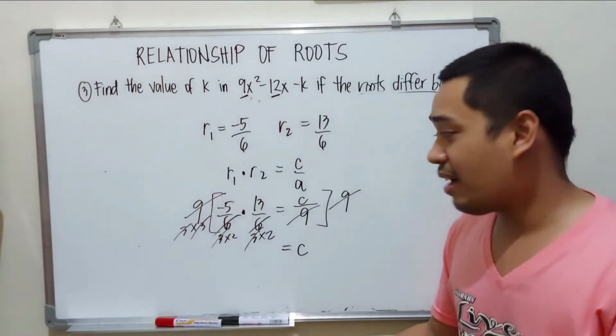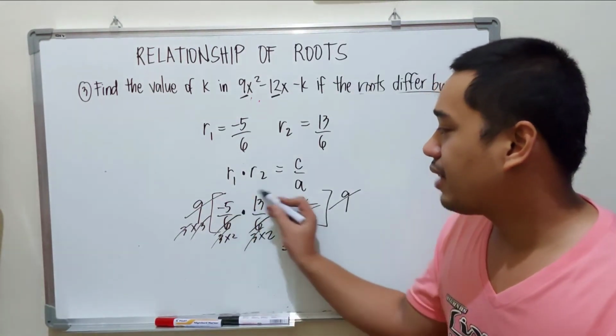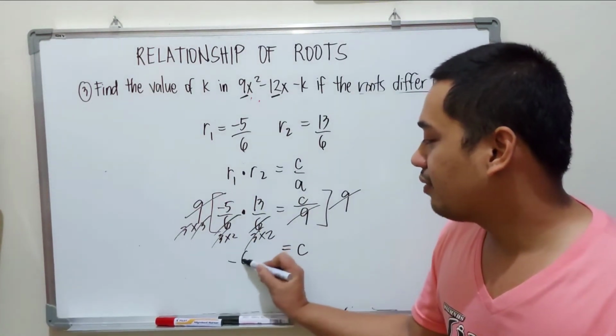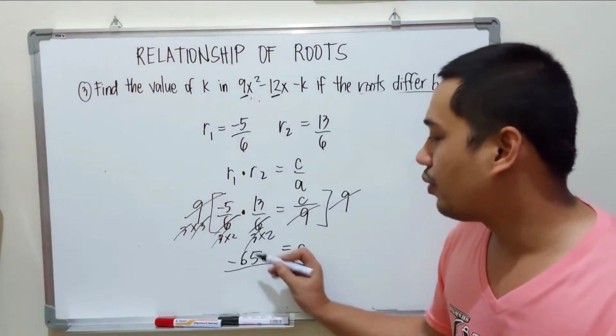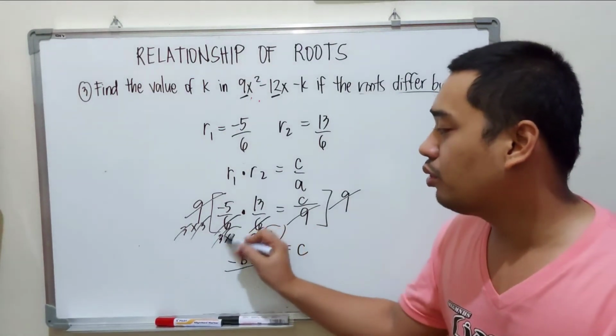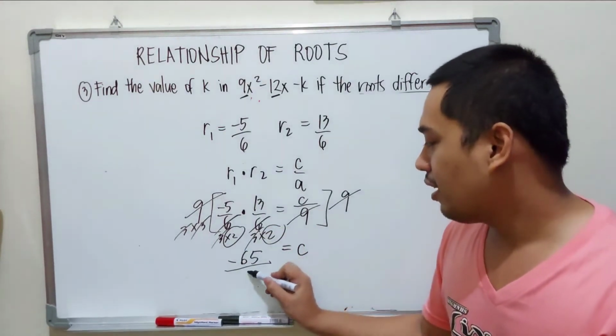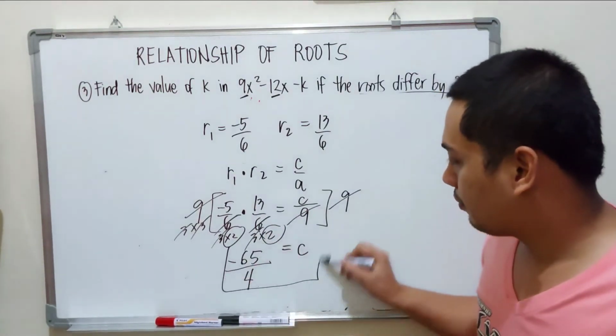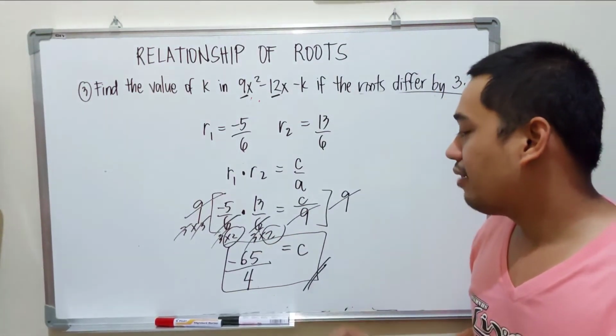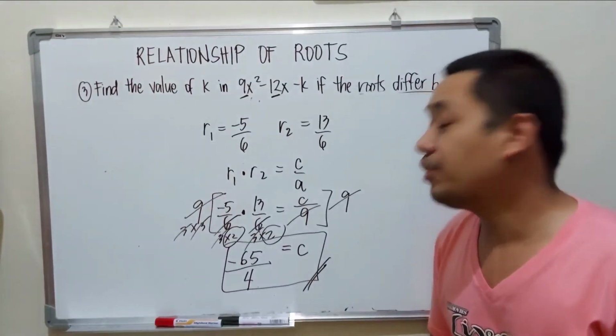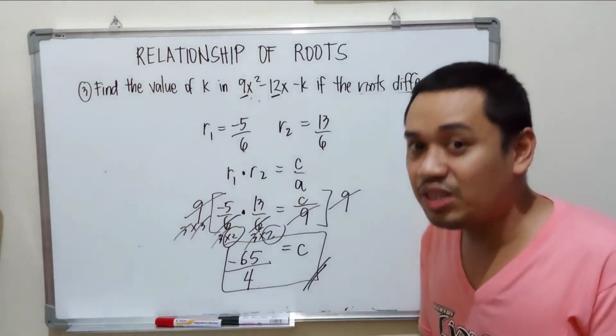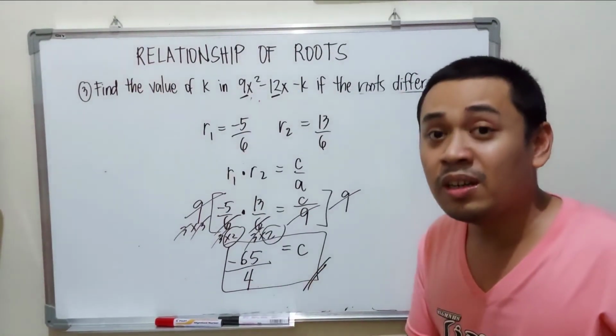Ano po yung natira? We have 5 times 13, negative 65 over 2 times 2, yung mga natira natin, which is 4. So, we have negative 65 over 4 equals C. Yun yung magiging value ng C mo.